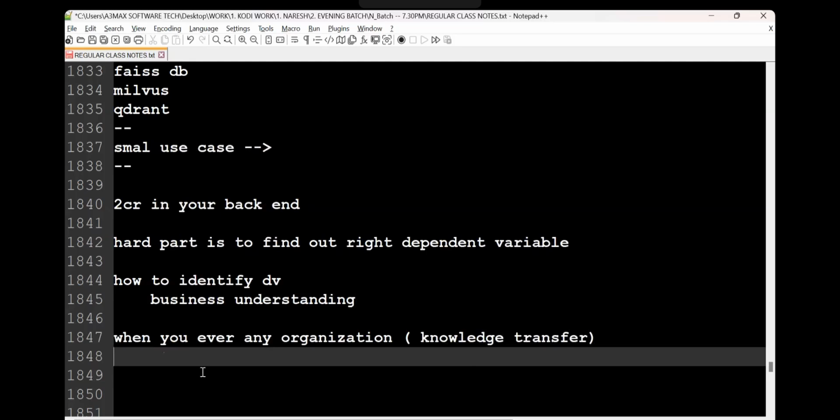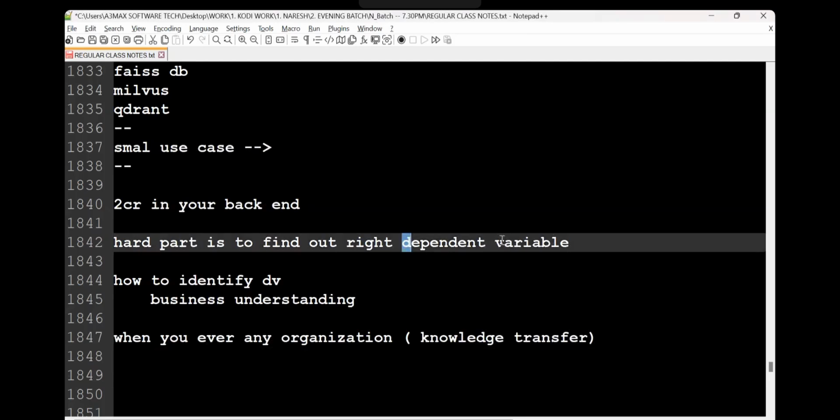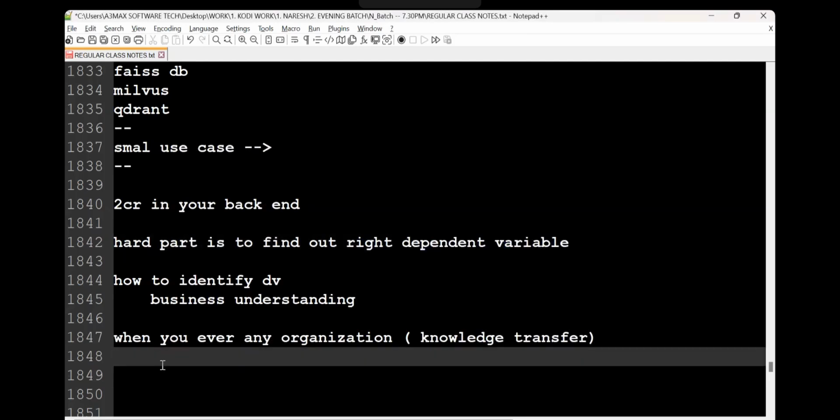Many experienced data scientists, freshers, you have to identify the proper dependent variable. If you understand the dependent variable, you can build models, guys, because you know the logic now. You got a template. Clear, guys, what I'm saying? So I'll stop here. I hope things are pretty clear. Any questions?